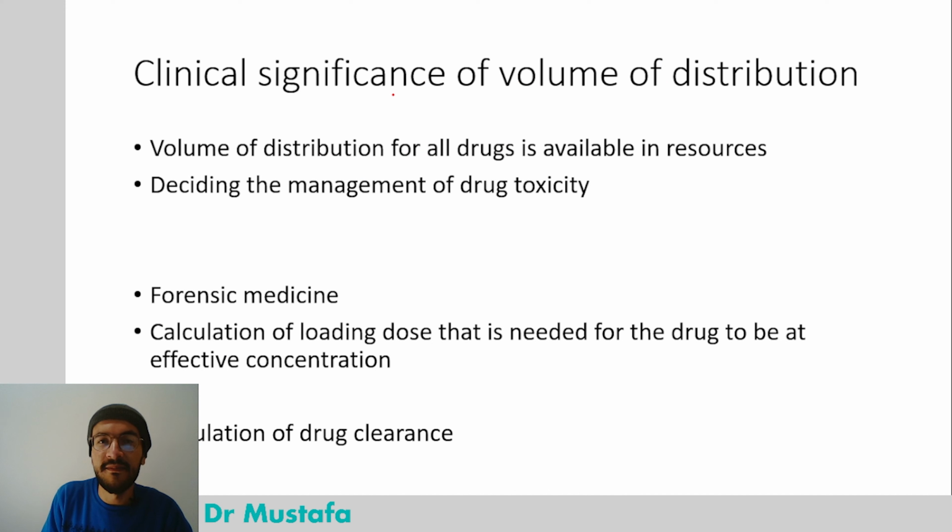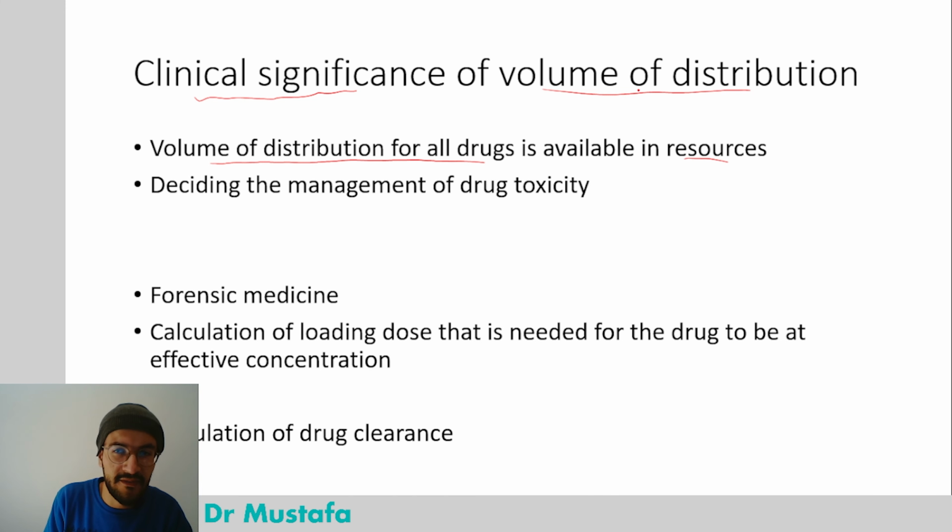Now let's talk about the clinical significance of the volume of distribution. First of all, the volume of distribution of all drugs is available in resources like Google. You can find the volume of distribution for any drug by googling the drug name.